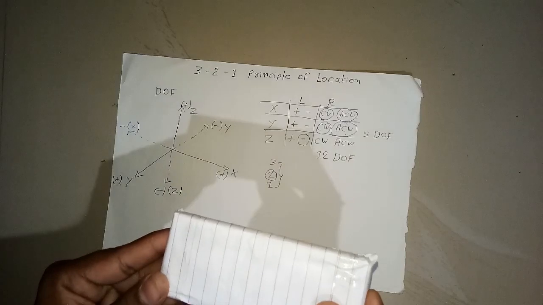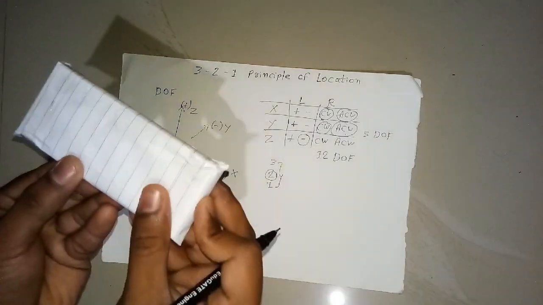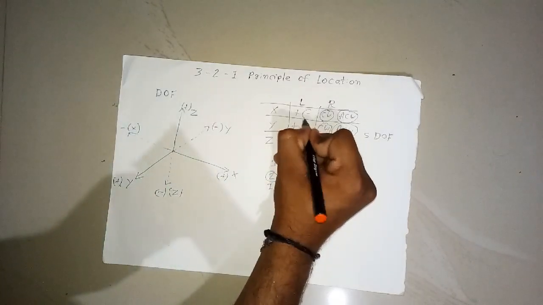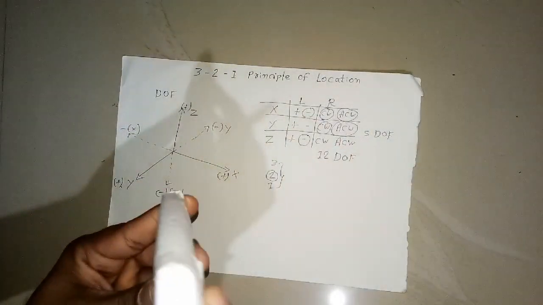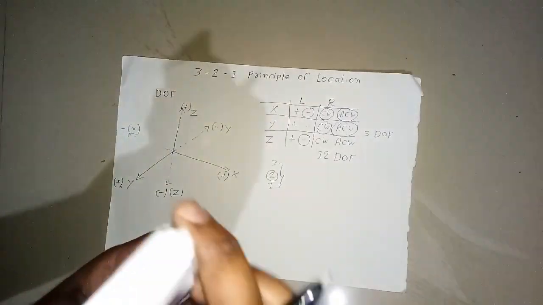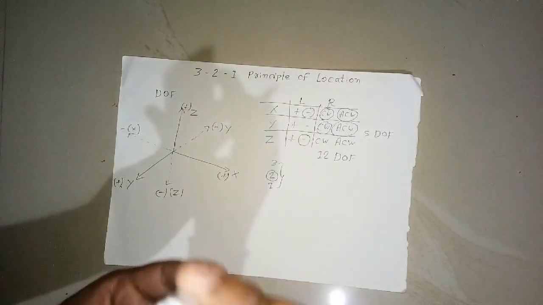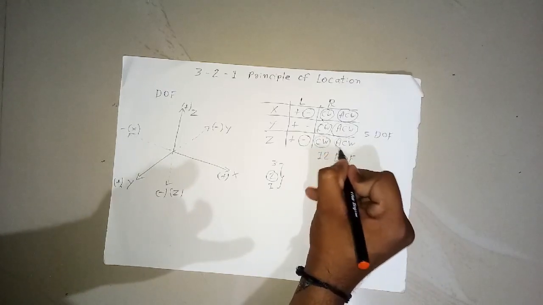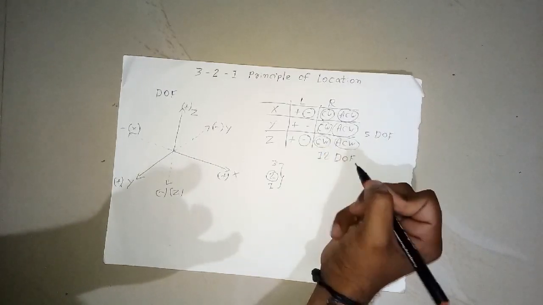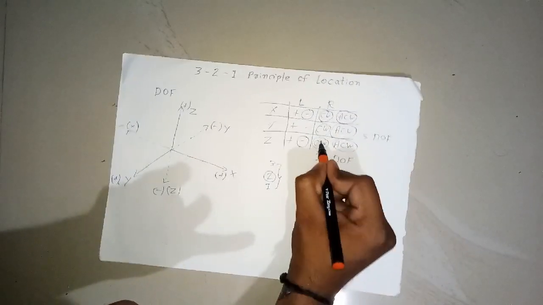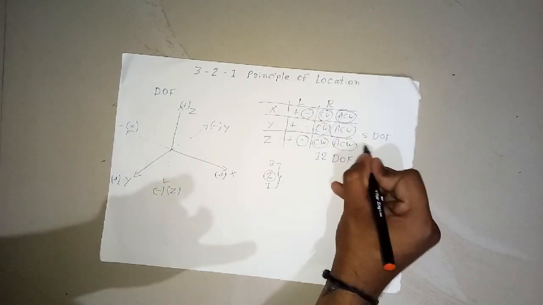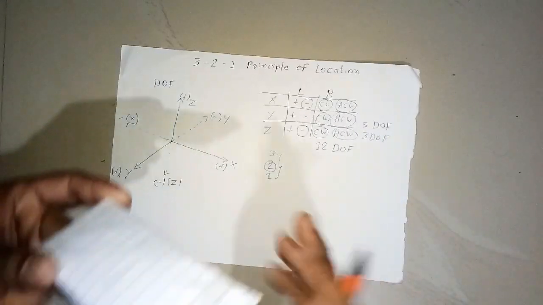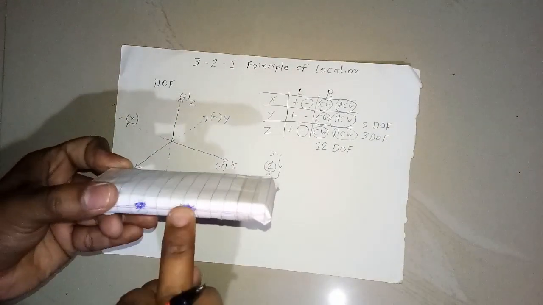Your object does not move in this direction, that means negative in x-axis. Your object does not move like this, in the vertical direction, that means clockwise in z direction, anti-clockwise in z direction. So there are 3 degrees of freedom which are restricted by using 2 pins.